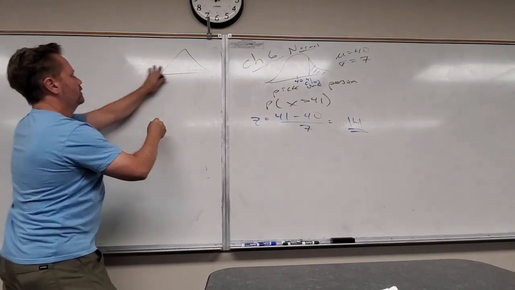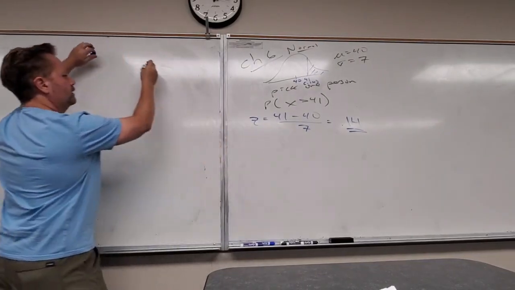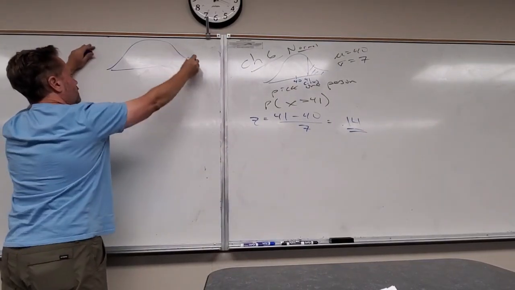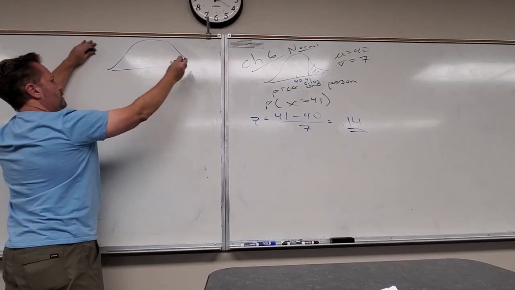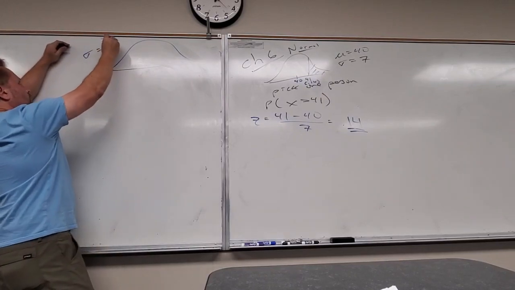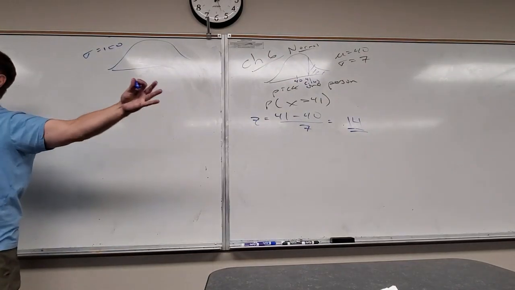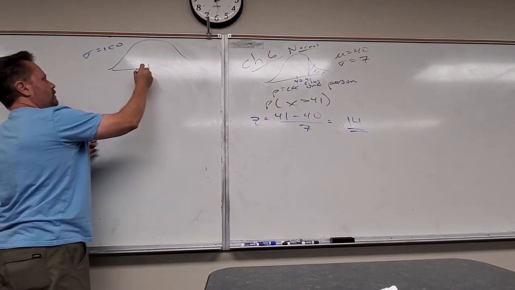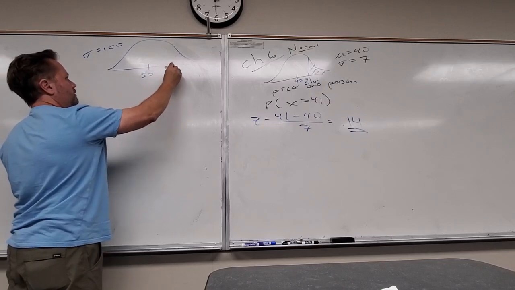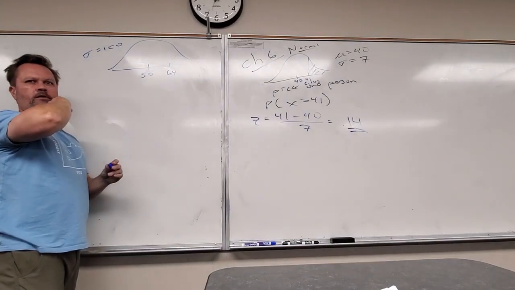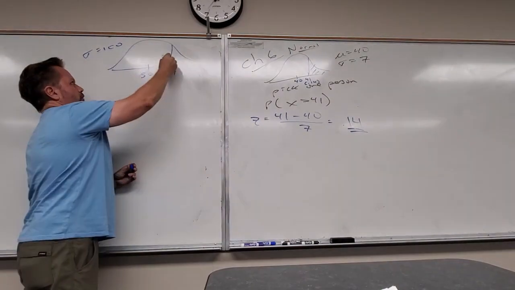So, let me see. Can I do this very quickly? Yes, I could. So let's say my standard deviation is 100. And let's say the mean is 50, and I'm at 64. And I want to know the probability above 64.